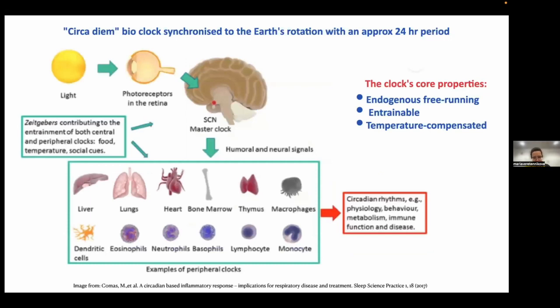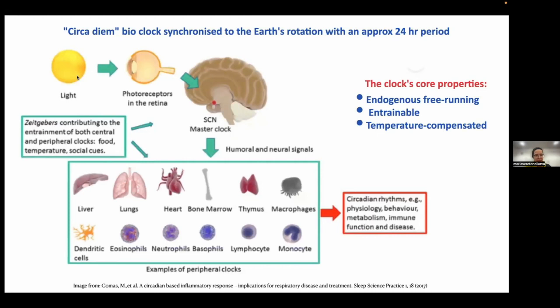Of course, there is the clock inside each of the individual cells in different tissues, say liver, lungs, heart, and all sorts of other parts of the body. So they are the clocks on the periphery. And there is the master clock in the brain, the suprachiasmatic nuclei, which acts as a synchronizer.